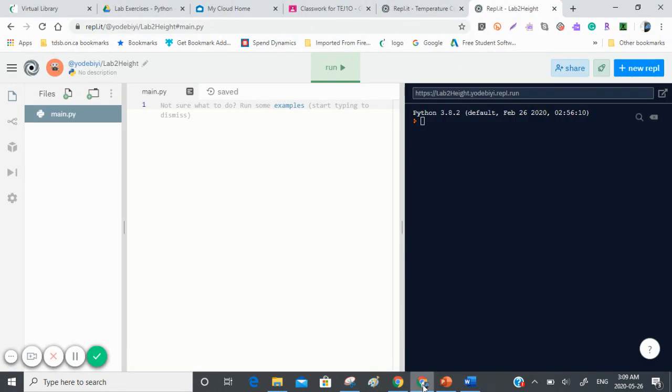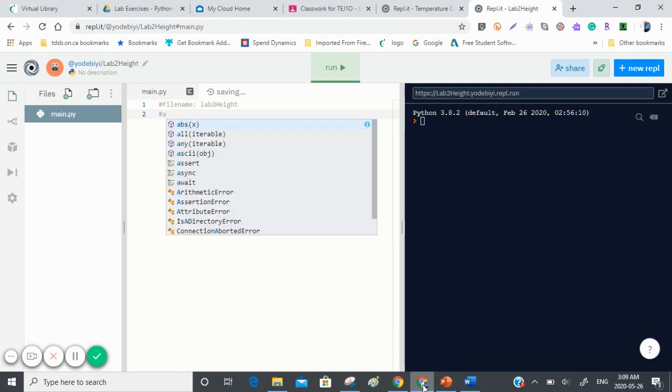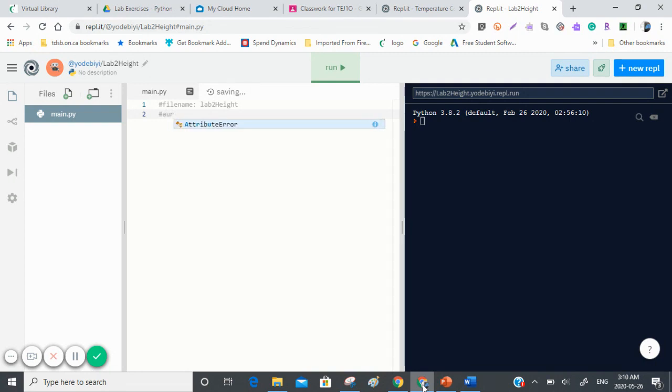Okay, so you're going to go over to here and you're going to start typing that information. So first line, I'm just going to do a little bit of typing here just to get you guys to see what you have to do. So file name, pivot, lab 2, height. Okay, then you're going to do, again, hashtag author, and it's going to be student name, her name.